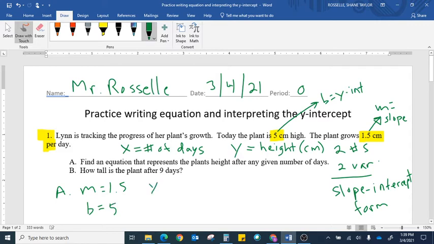So remember, y equals mx plus b. That's slope intercept form. So what we're going to do now is just replace the b with 5, and replace the m with 1.5.